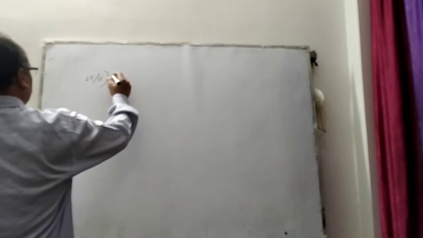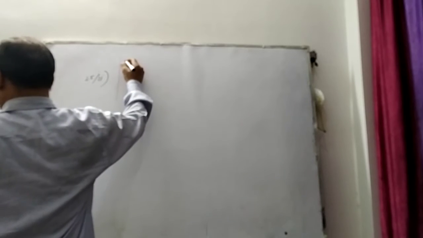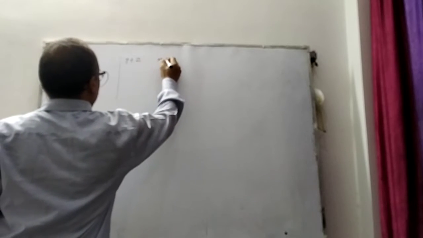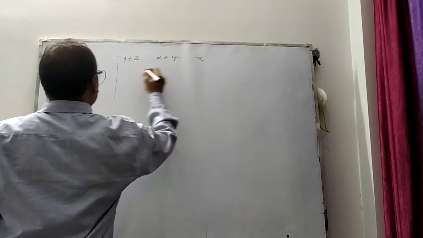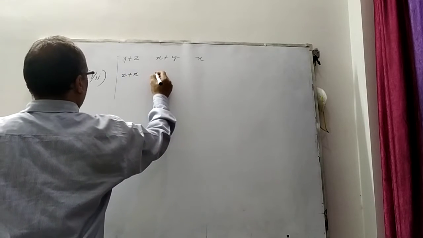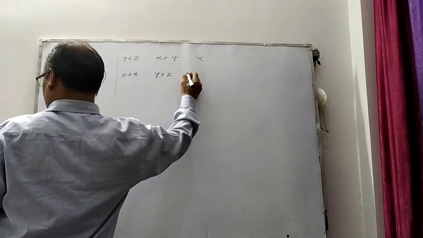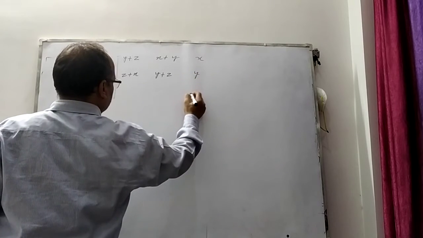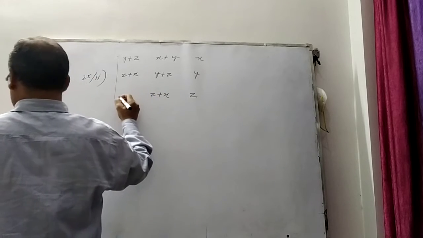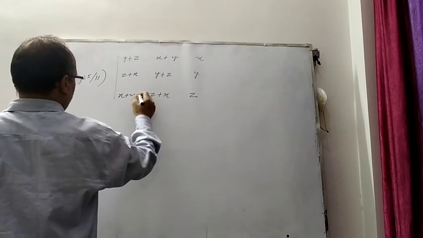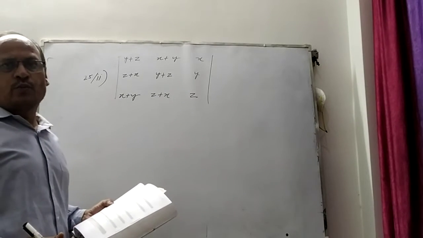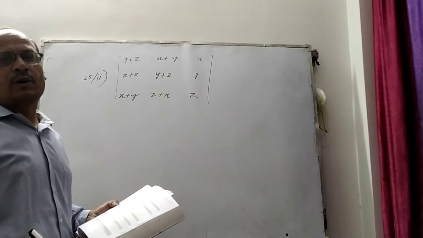So this will be the determinant with rows y plus z, x plus y, x; z plus x, y plus z, y; and so on, which will be equal to x cube plus y cube plus z cube minus 3xyz.